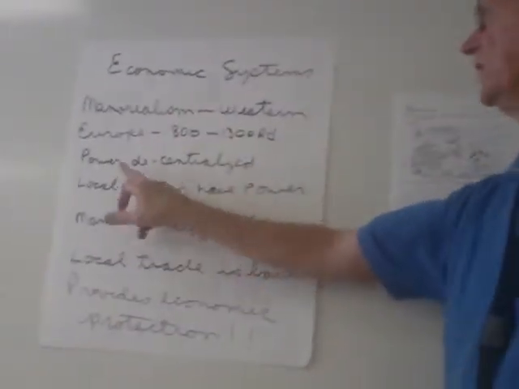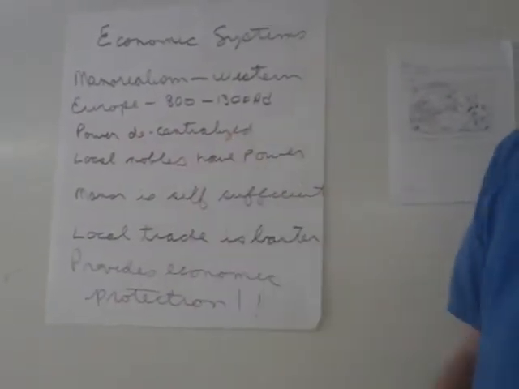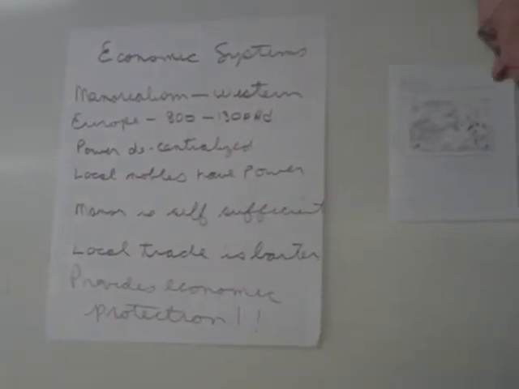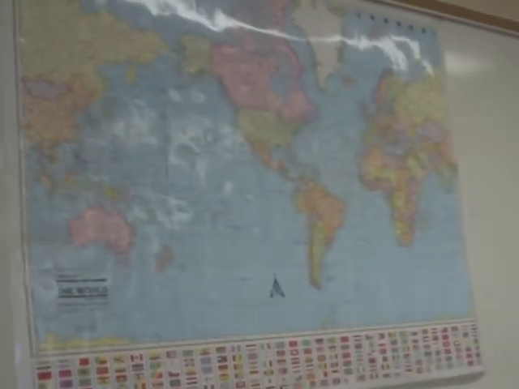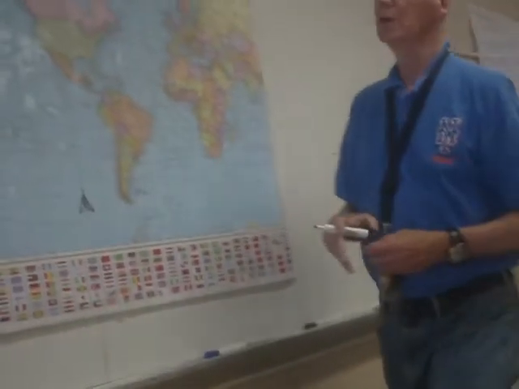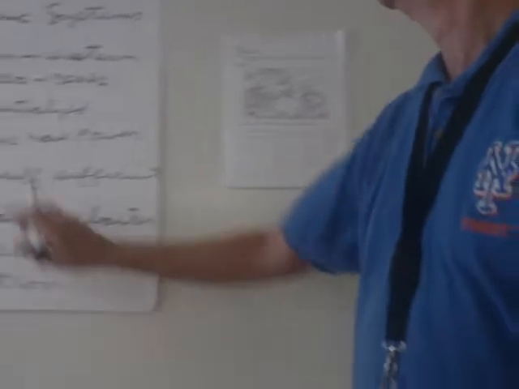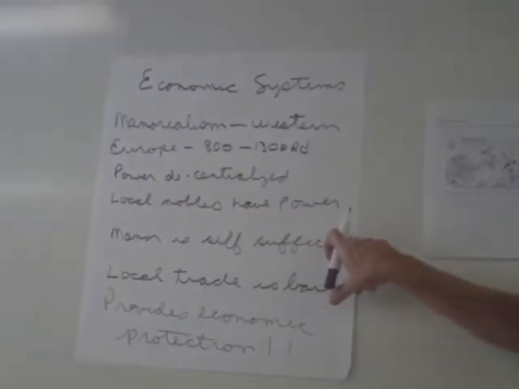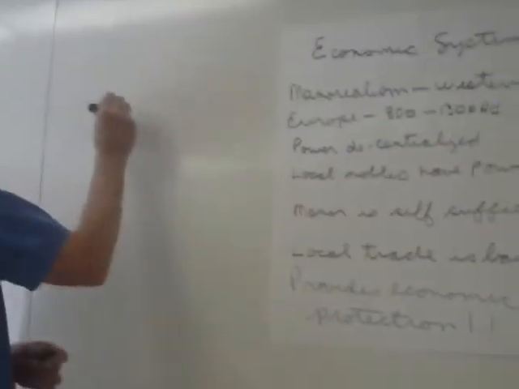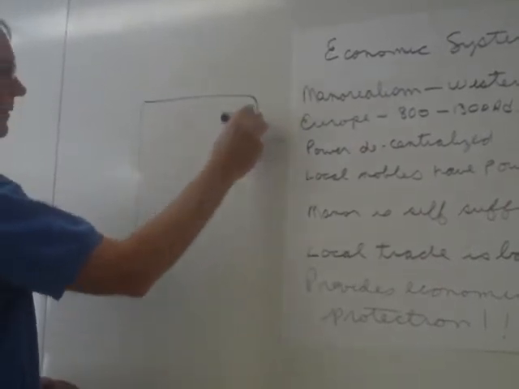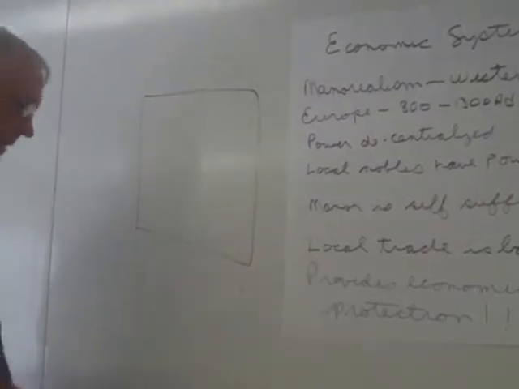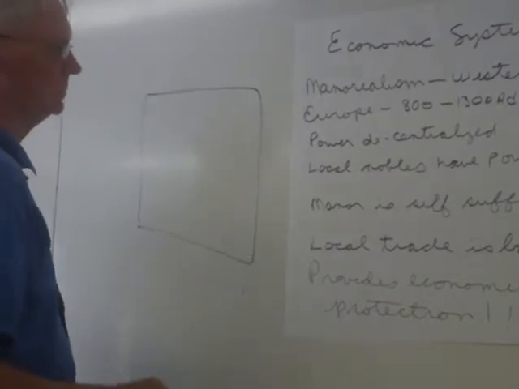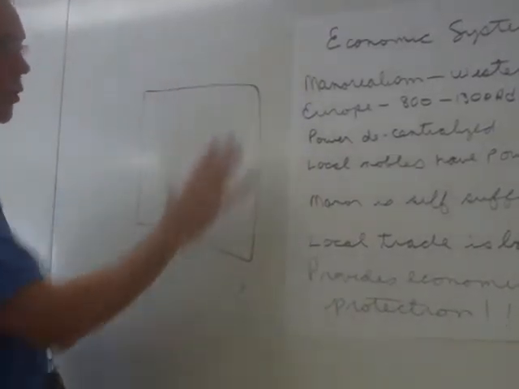So what happened under manorialism is that you had power being decentralized. And under that decentralized system, the local noble had the political power. And in a country, let's say like France, just make this box France, there was no leader for the whole country of France.